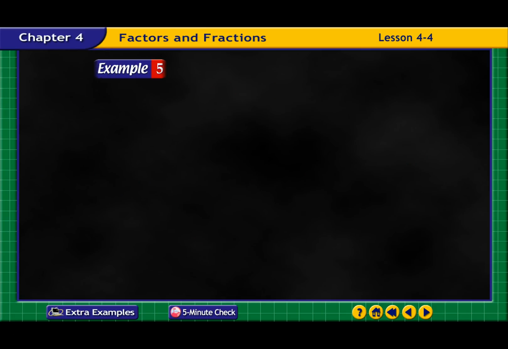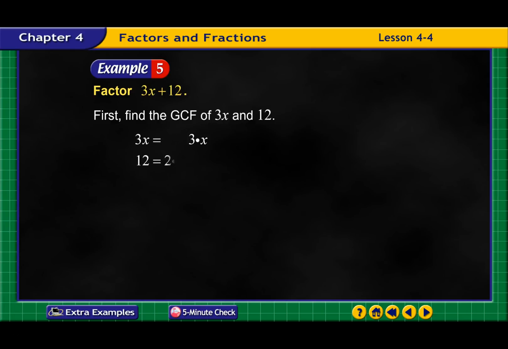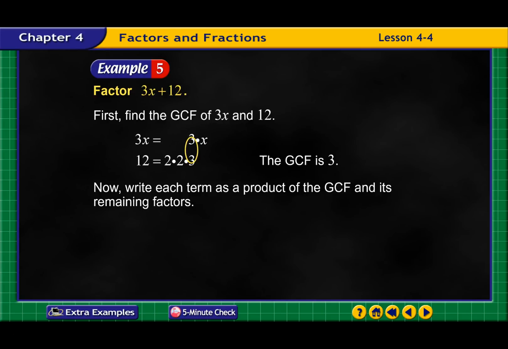Hey, I like it. Okay, so factor this out. So first we need to find the greatest common factor of 3x and 12. So 3x would be 3 and x, 12 would be 2 times 2 times 3. 3 is the only one we have, so the greatest common factor is 3. So then we can now write each product term as a product of the greatest common factor and its remaining factors.